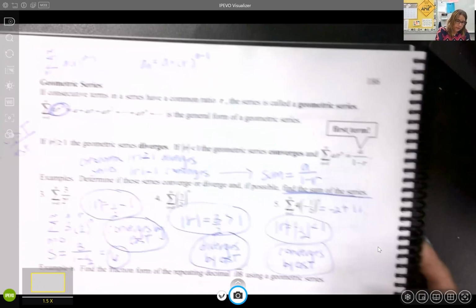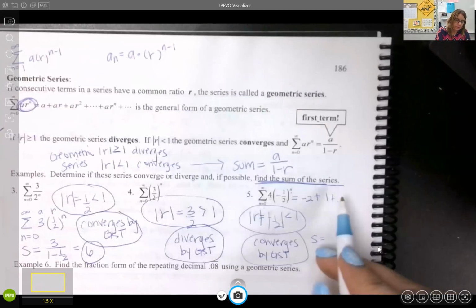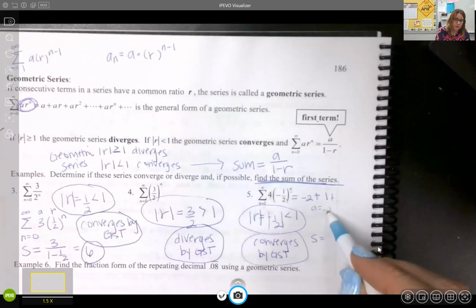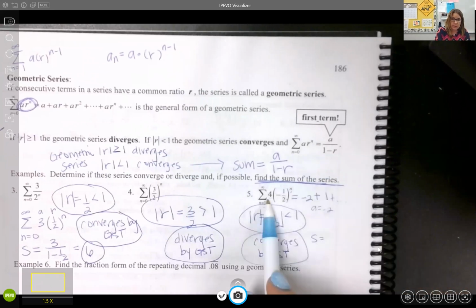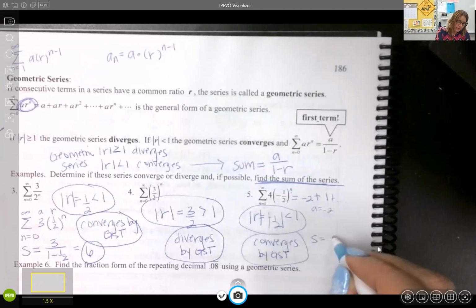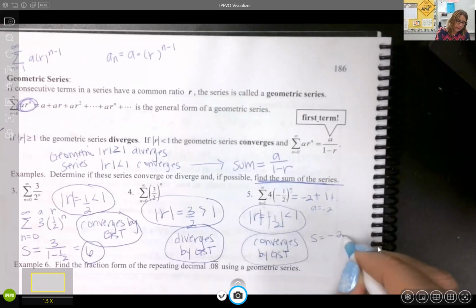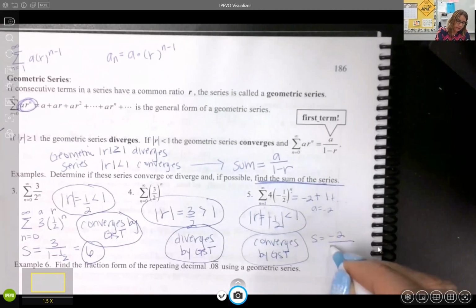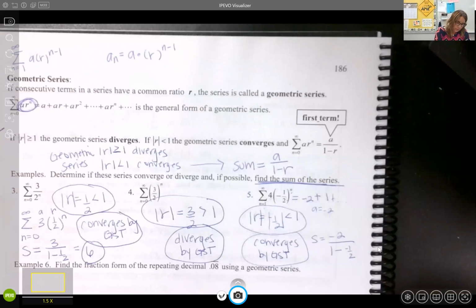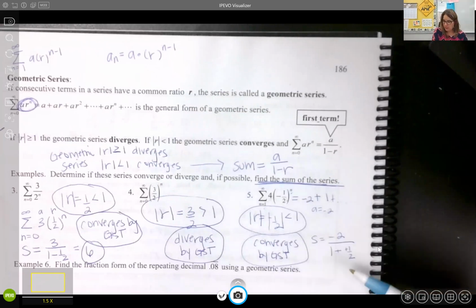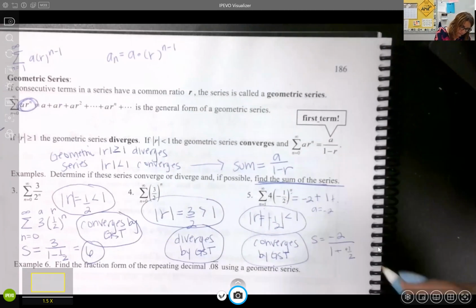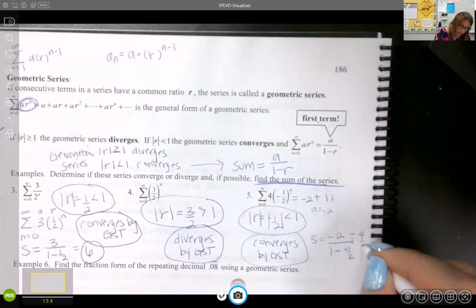So it's very helpful that we found this because we found our first term is negative 2. Our first term is not 4. Okay, because the n equals 1, not 0. So our first term is negative 2, and we divide that by 1 minus r. Okay, add those together. Negative 2 divided by 3/2 is negative 4/3.